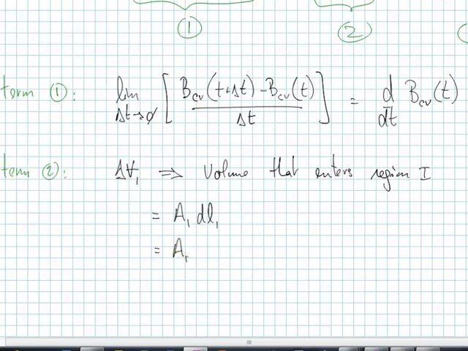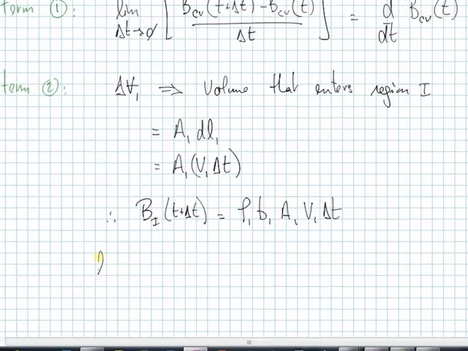Well, if it's the volume that came in through area 1 during time delta t, that must be equal to A1 times the velocity at 1 times delta t, right? And off we go. So therefore, the value of B1 at t plus delta t is equal to rho 1 B1 A1 V1 delta t.